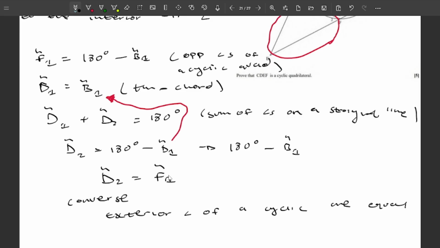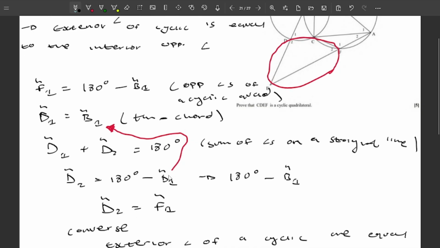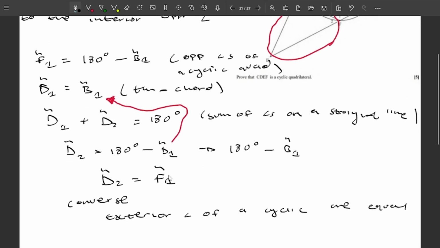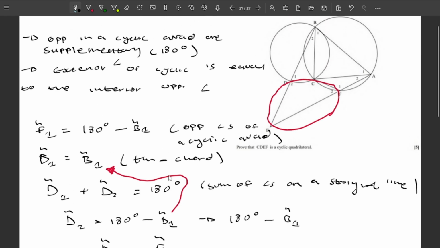You can write it perfectly the way that I did: the exterior angle of a cyclic quad is equal to the opposite interior angle of the cyclic quad. And just like that, we proved that CDEF is a cyclic quad. You see why I said using the second one is much easier. If you use the first one, you're going to do a lot of calculations.